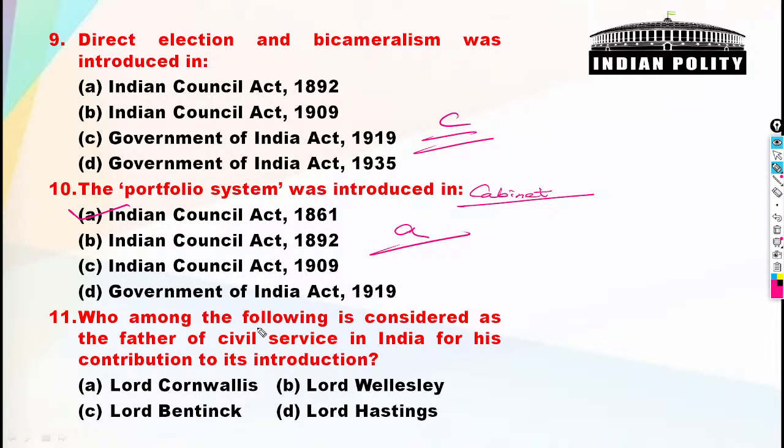He modernized and rationalized the civil service system and laid its foundation. Although Warren Hastings introduced civil service, Cornwallis modernized it and separated covenanted and non-covenanted services.